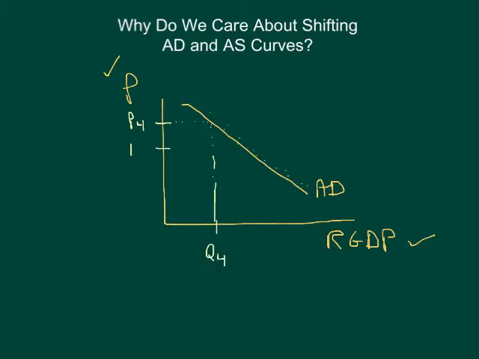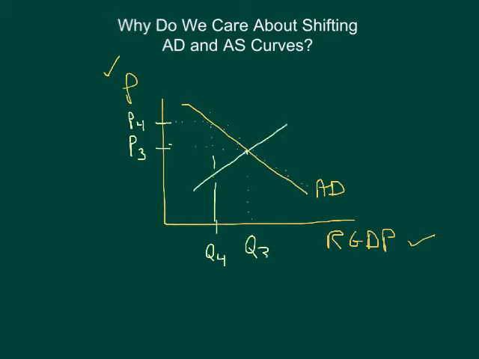At a price level of P3, just looking at the demand curve here, we'd have an output level of Q3 and so on. So just the AD curve here by itself shows a relationship between spending among consumers, businesses, government, and exports, between the spending of those four groups and the price level.